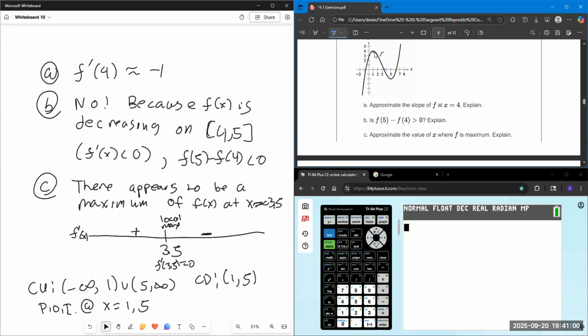So this point right here, where x is 1, and this point right here, where x is 5, where the slope is 0, those would be points of inflection.